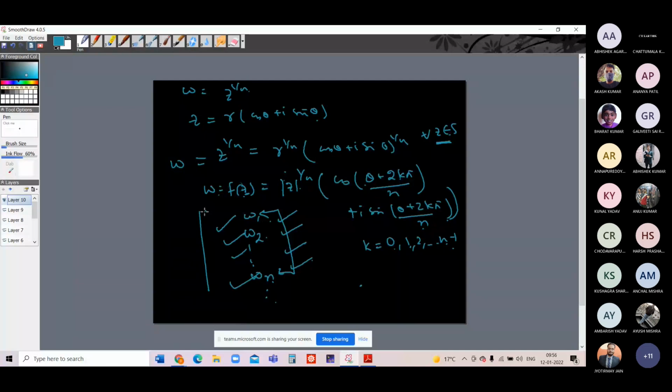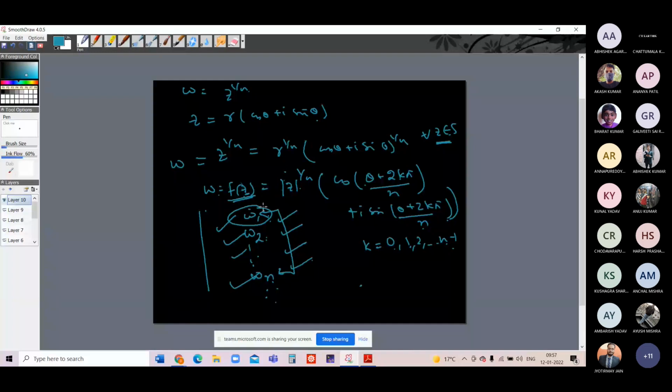Corresponding to every z we are getting n values of w, so basically it is not a function; this concept is what we call a multivalued function. If we restrict the domain S, if we somehow find a rule to restrict S so that in that particular portion f(z) takes only one value, either w1 or w2 or w3 and so on up to wn, then this function will behave like a single valued function.